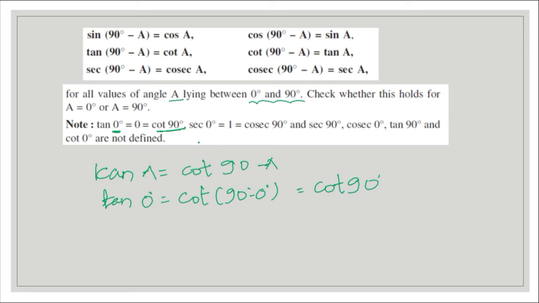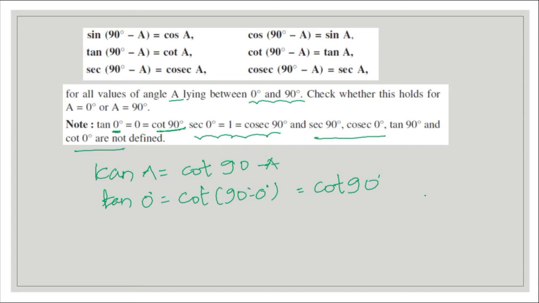Same is the case with secant 0, which is 1, which is equal to cosecant 90. And the rest of the angles like secant 90 degrees, cosecant 90 degrees, tan 90 degrees and cot 90 degrees are not defined. In the table you must have observed these angles are not defined.